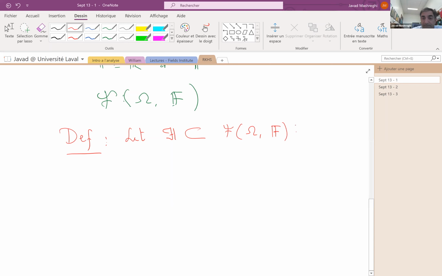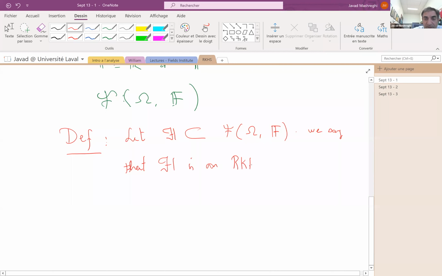And then we say that H is a reproducing kernel Hilbert space. That's the abbreviation I will use all the time, on omega.